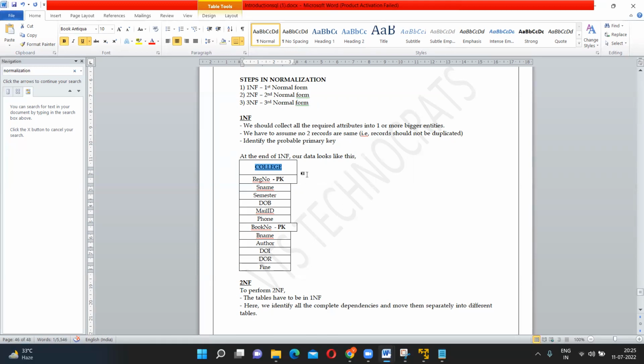All this information is collected in a particular big table. Now we have to assume no two records are the same. Identify the probable primary key. I think registration number can be a primary key. Book number can be a primary key. Based on this, we will split it into tables.